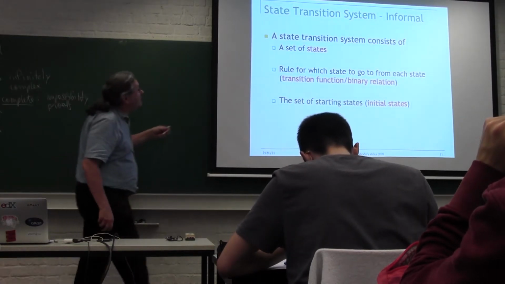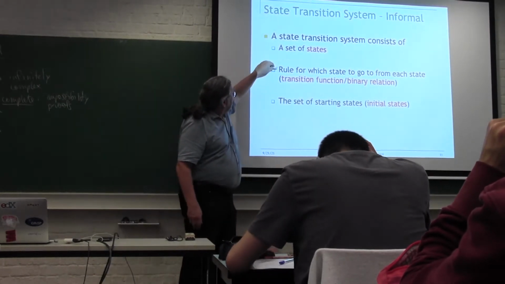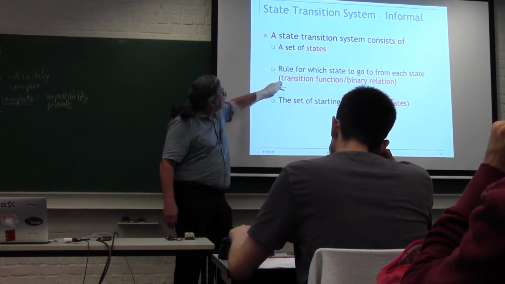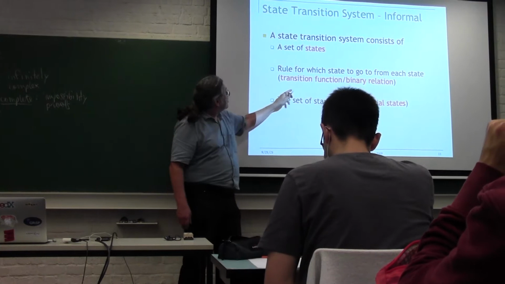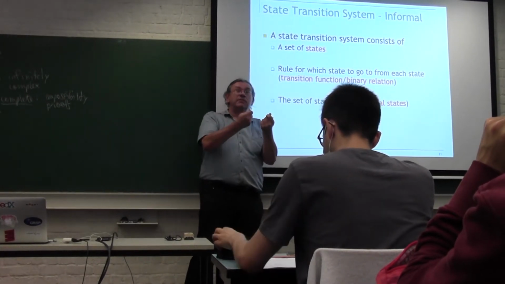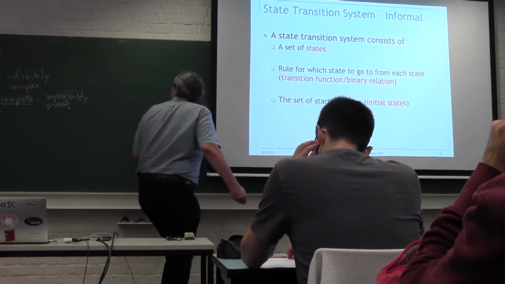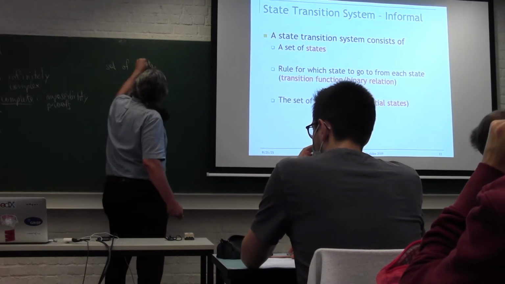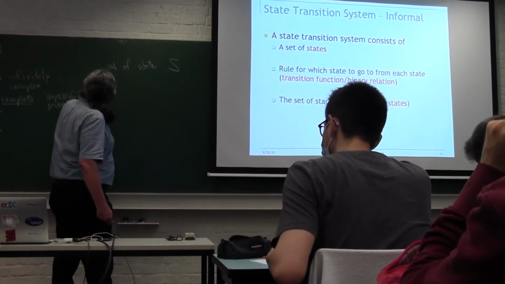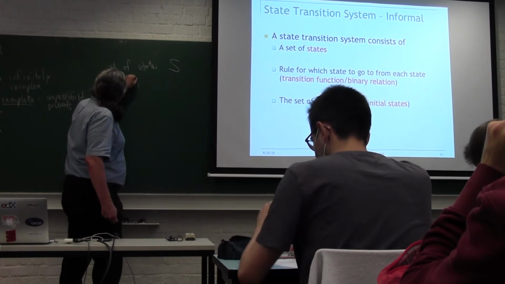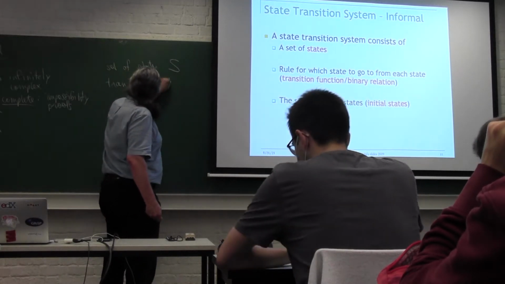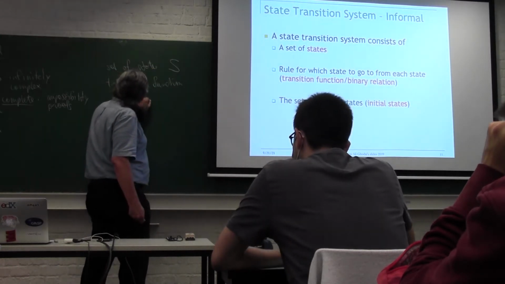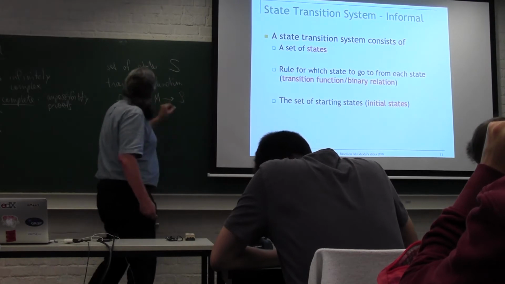So you have a set of states, let's say S, and then you have a transition function, F, which goes from a state and a message to another state.